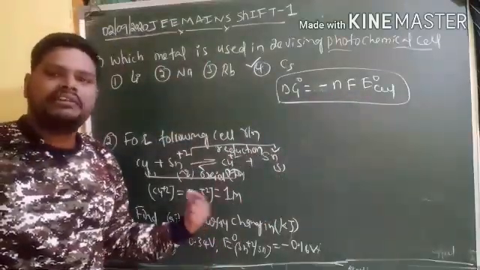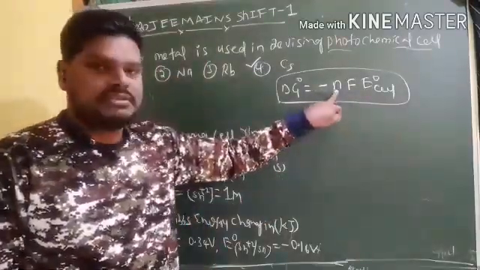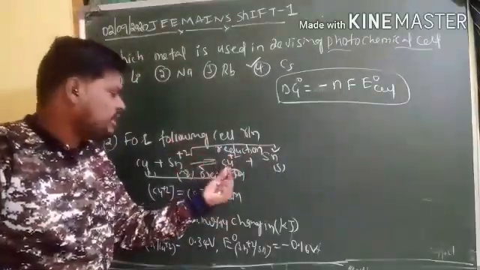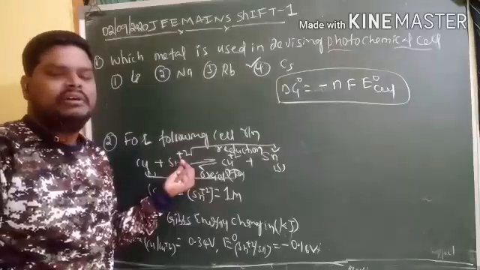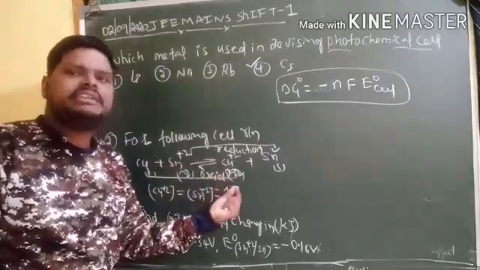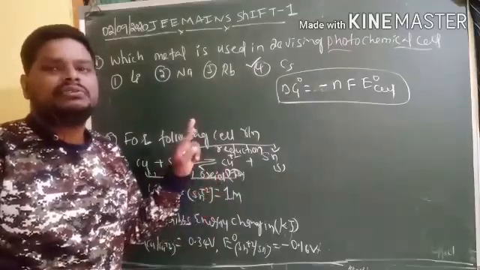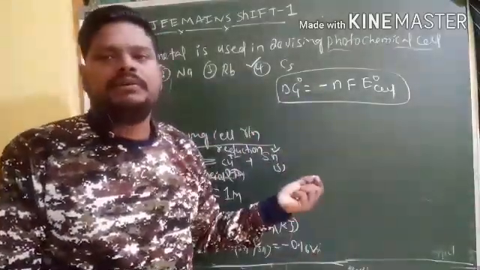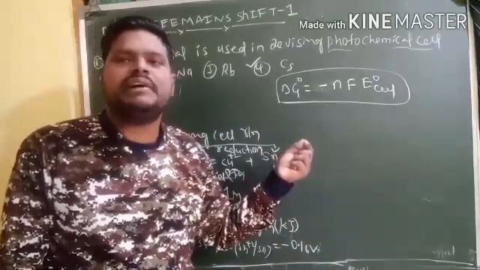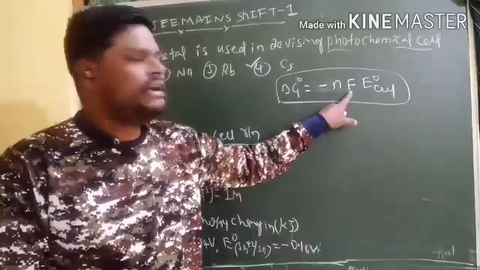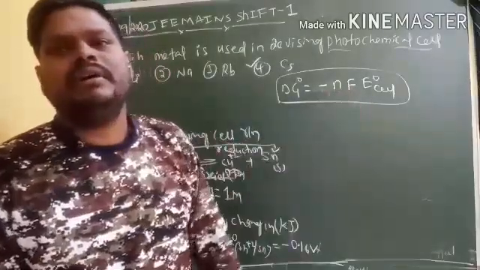Initially we need to find E naught cell. We have the number of electrons. Here the net total change in the number of electrons, how many? 2 electrons. Because copper loses 2 electrons and tin gains 2 electrons. That's why the net change in electrons is only 2. What about Faraday? The Faraday value is 96,500 coulombs. So we have the number of electrons and we have Faraday also, but we don't have E naught cell.